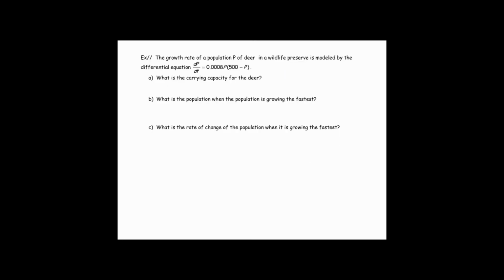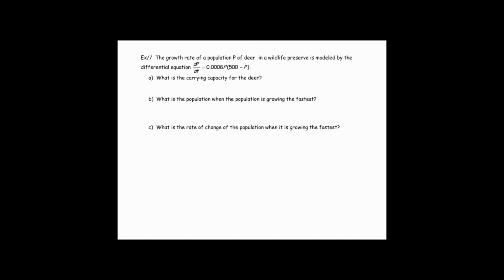This is more of a typical type of problem that one would come across in the AP exam. You're given the differential equation, and the first thing you'll need to do is just recognize that this is modeling logistic growth. This is the differential equation that goes with logistic growth. It says the growth rate of a population, P, of deer in a wildlife preserve is modeled by the differential equation dP/dt equals this.